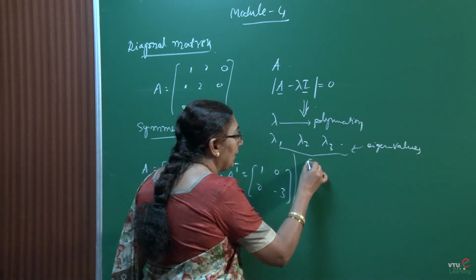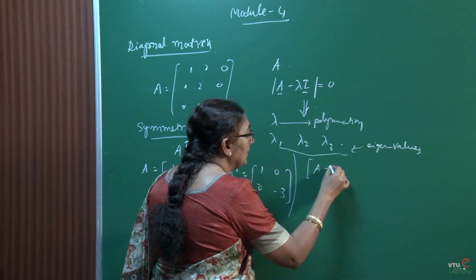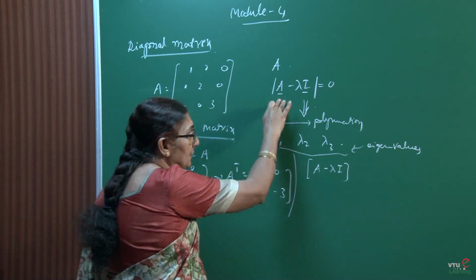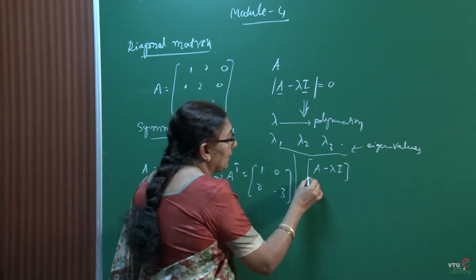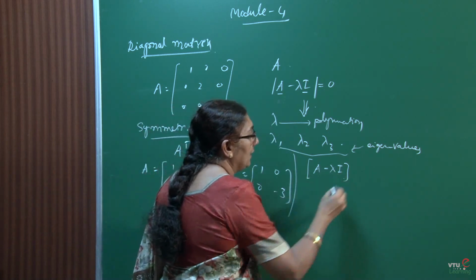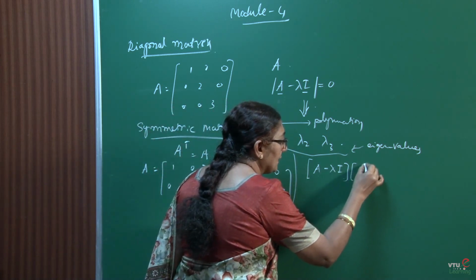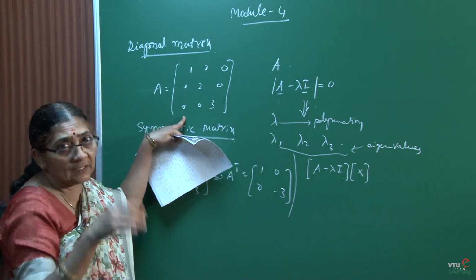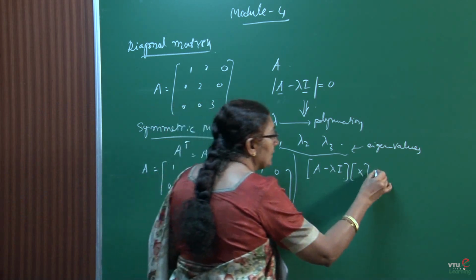How to find the eigenvector? You take the matrix A minus lambda I, multiplied by X, equal to 0.